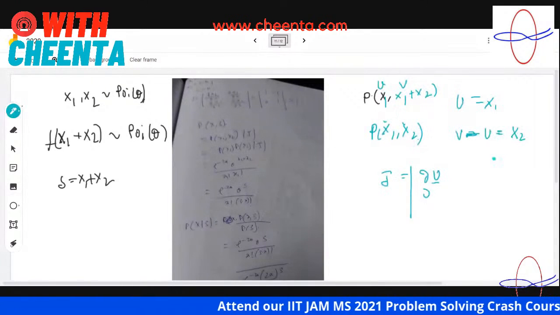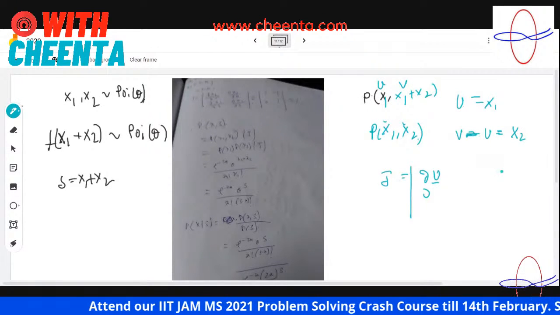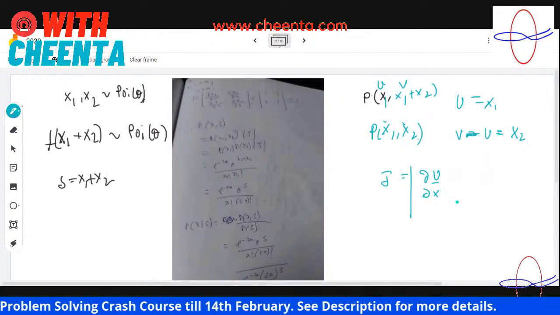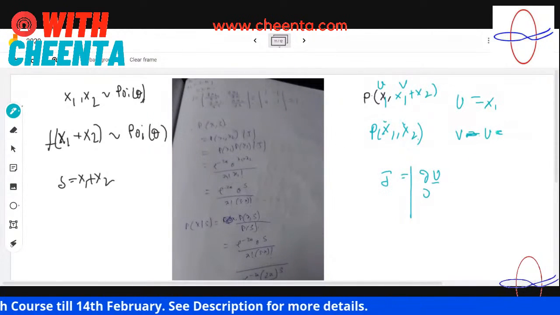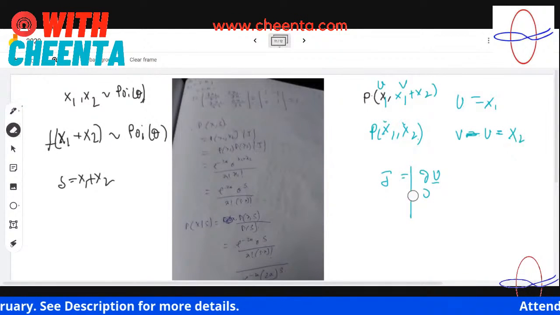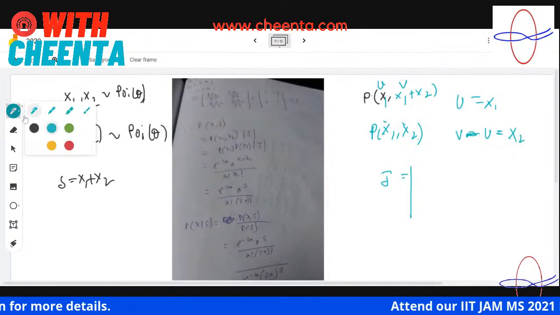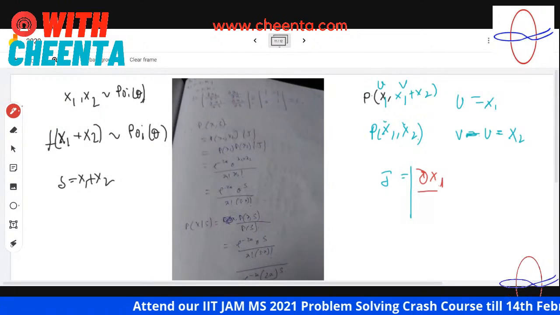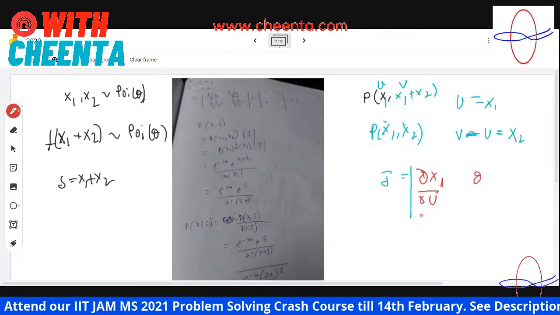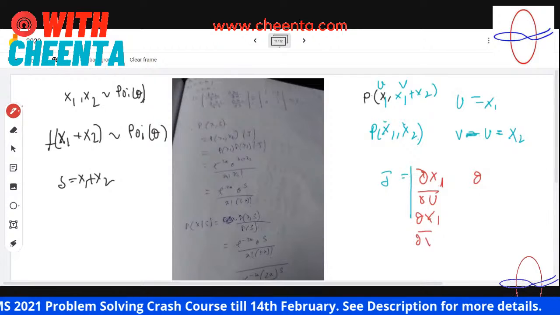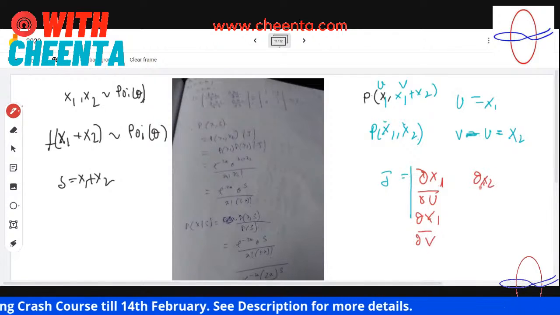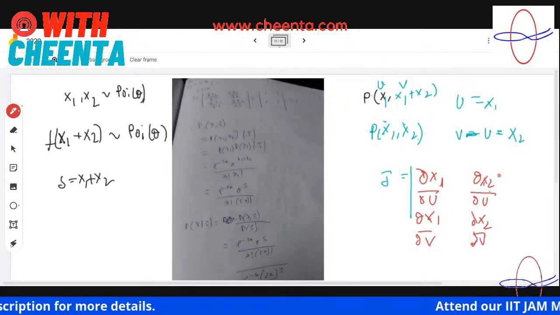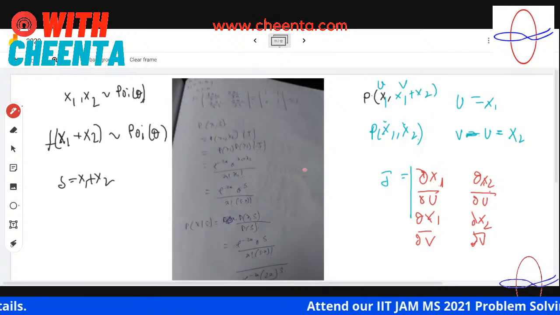So if you find the partial derivatives of x1 and x2 with respect to u and v, dx1 by du is 1.